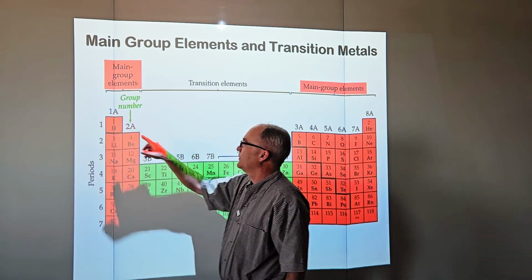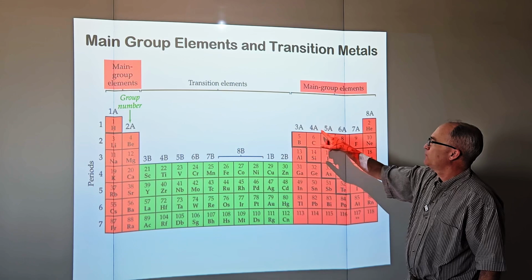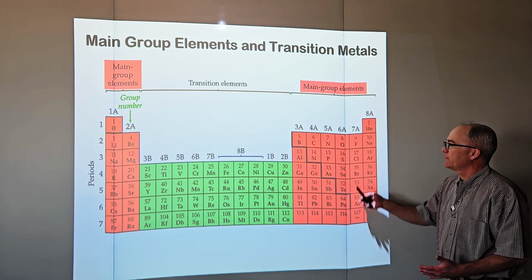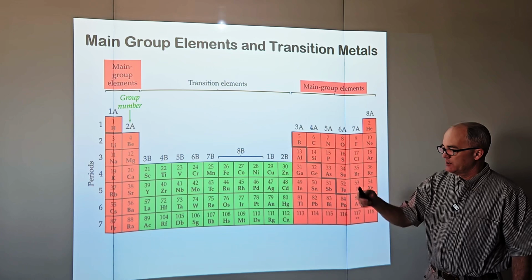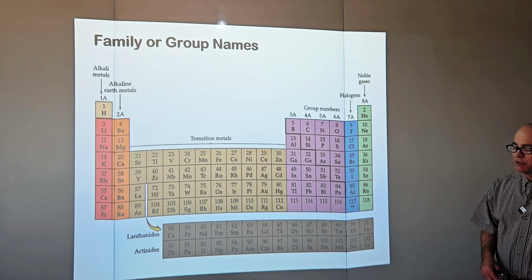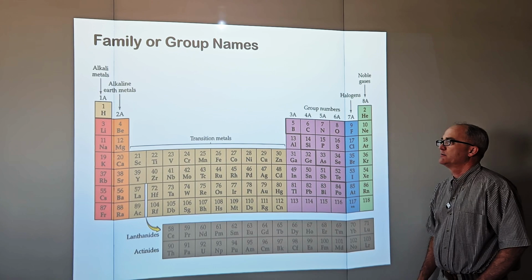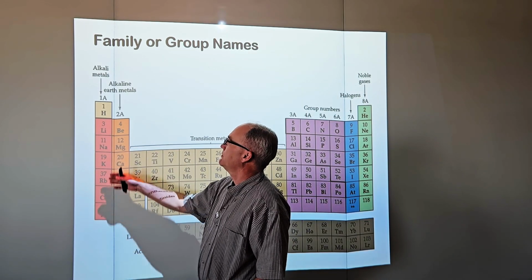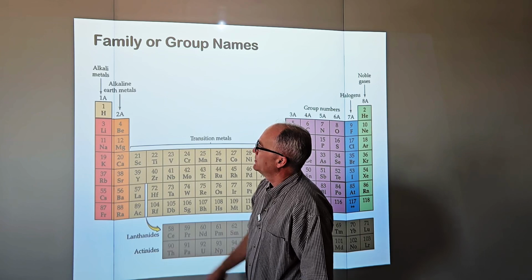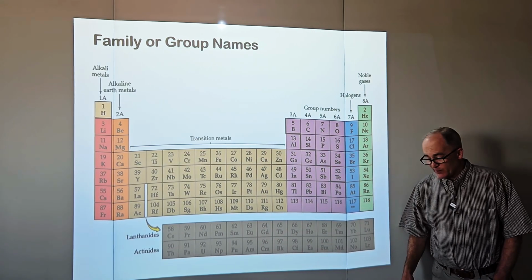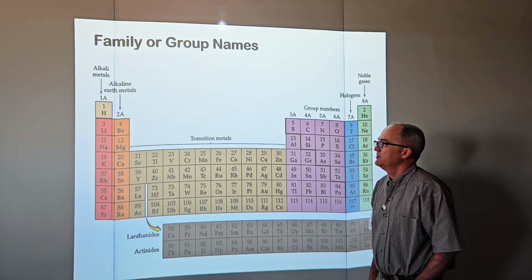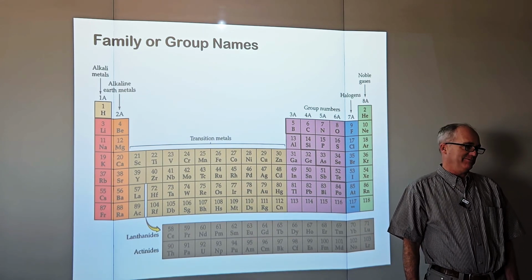Now we have regular numerals here, 3, 4, 5, 6, 7, 8th group, 7. And we might make use of these numbers here in a little bit. So you had a little bit of practice with naming some of these, being asked which one's an alkaline metal or alkali metal, which one's an alkaline earth metal. Either of those metals, alkali metals or alkaline earth metals, probably do what to the soil?